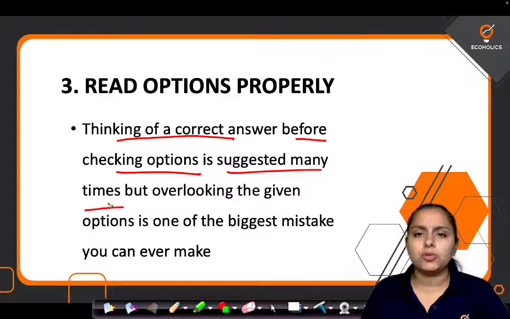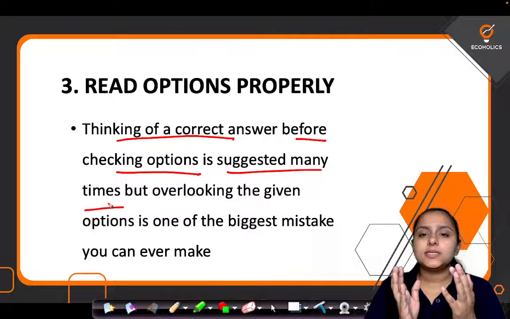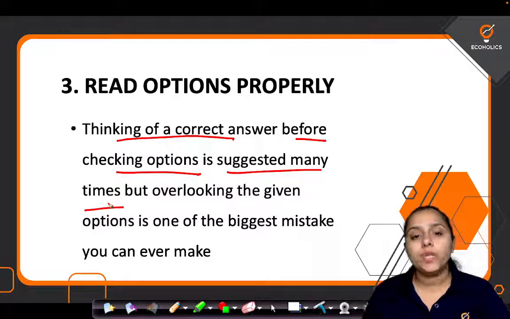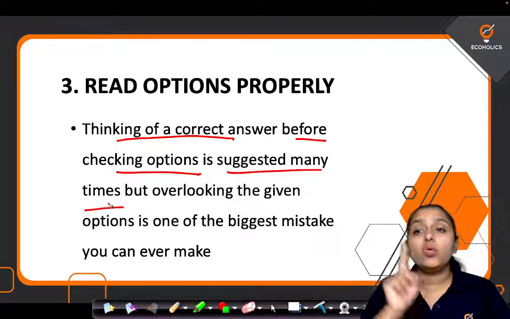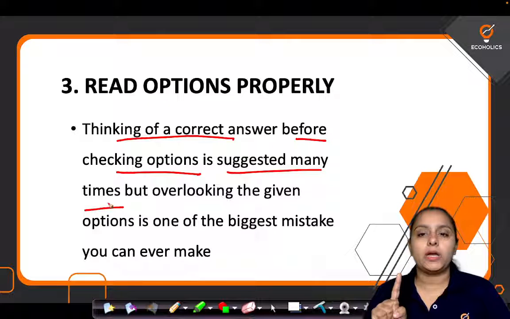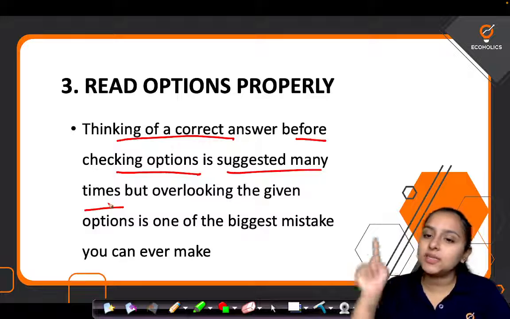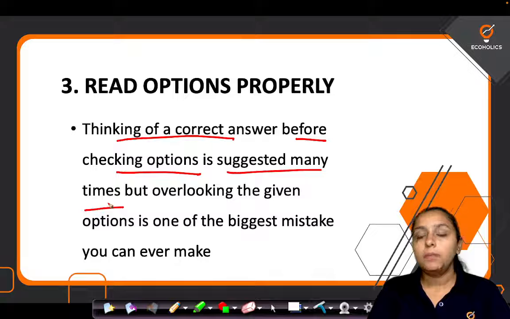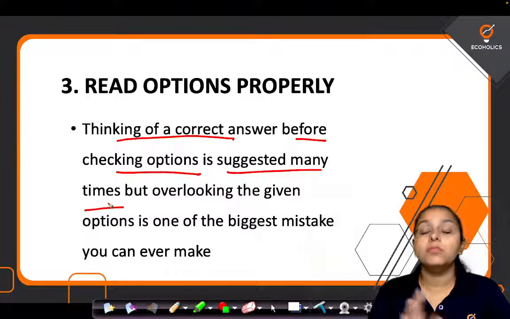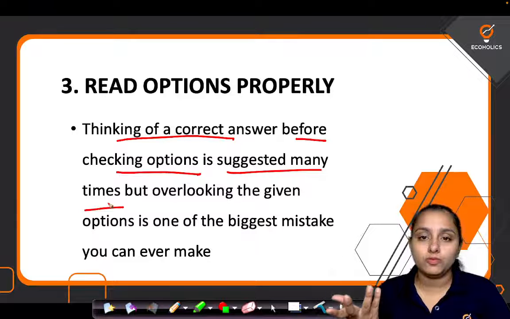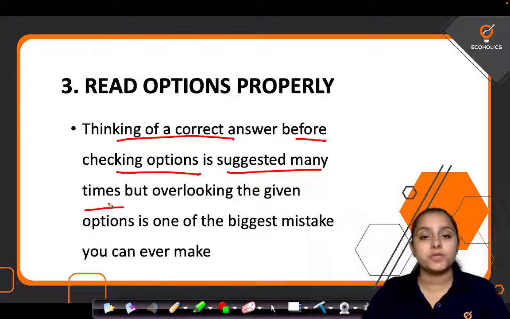It is important also to have your own stand. It is really important. But thinking and going with the same is different. सोच लो दिमाग में, have it in your mind, but बिना options देखे उसके साथ मत जाओ. Don't blindly choose that option. बाकी ऑप्शंस को इग्नोर भी मत करो. माइंड में सोच लो उस आंसर को, लेकिन बाकी ऑप्शंस पे एक बार नजर भी तो दो. Like at least have a look at the options, right?